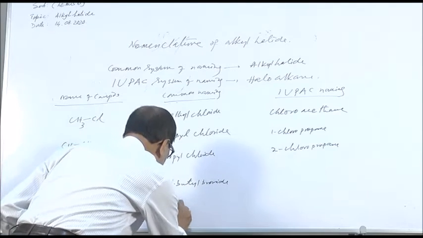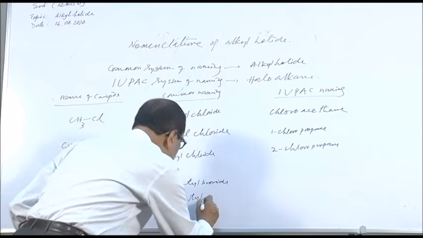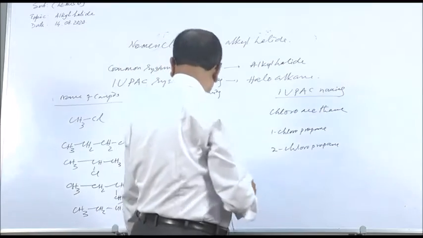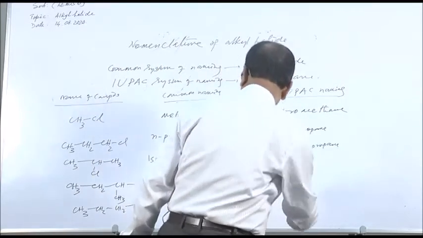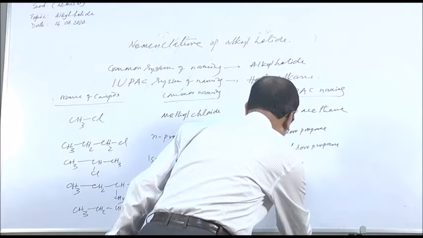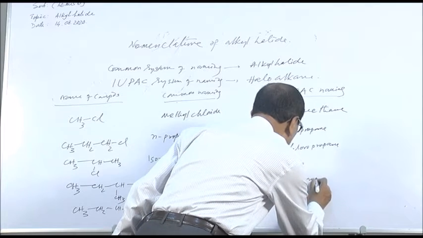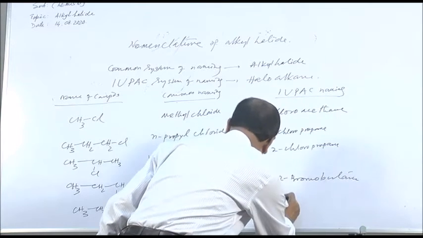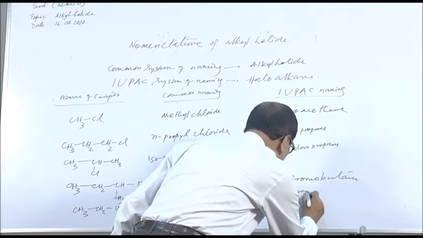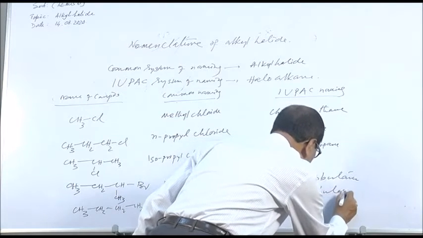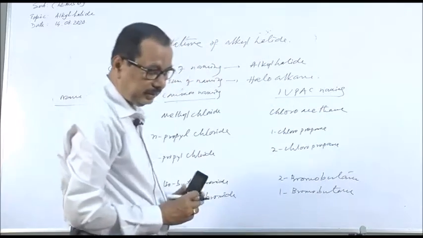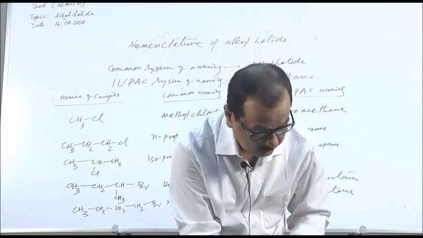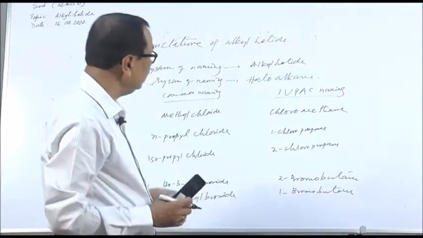This is n-butyl bromide. The IUPAC name of this compound will be 2-bromobutane, and this will be 1-bromobutane. So in this way, the nomenclature of compounds will be like this.